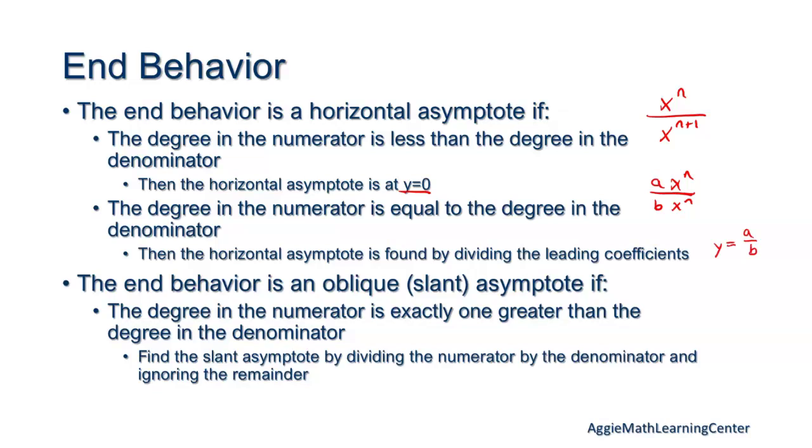And the end behavior is an oblique or slant asymptote if the degree in the numerator is exactly 1 greater than the degree in the denominator. That looks like a line, and the end behavior of the graph will get really close to the line, but it will never cross it.